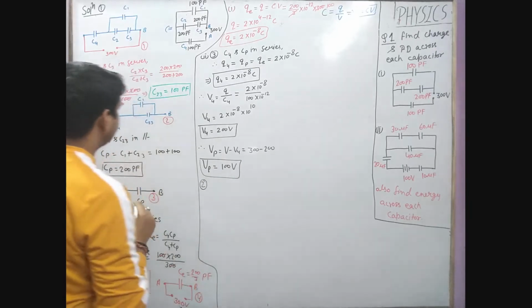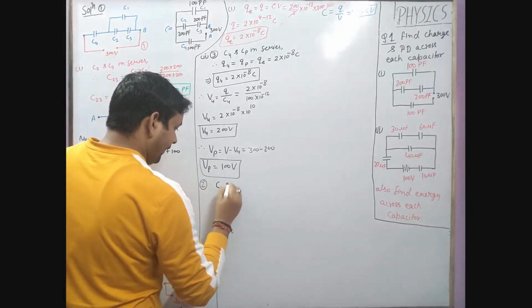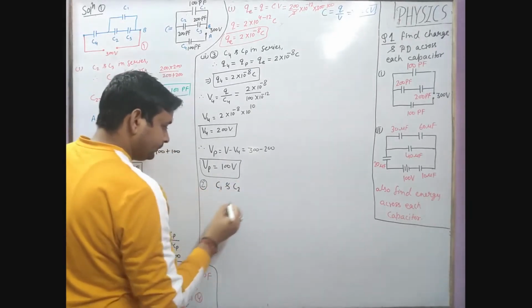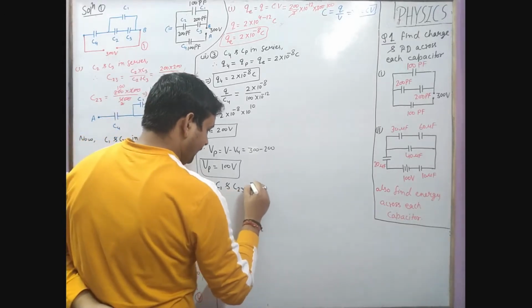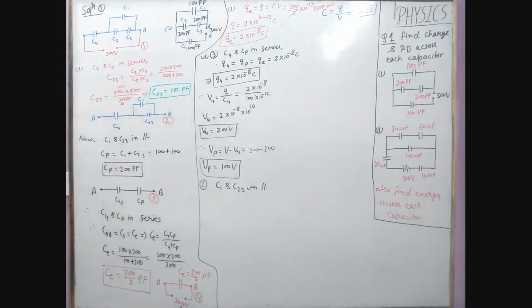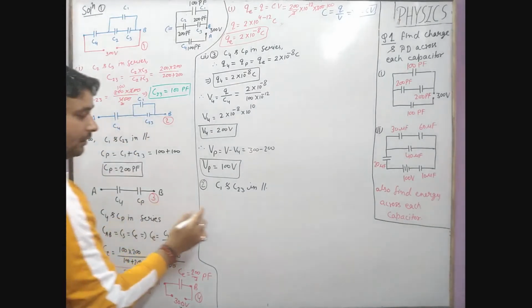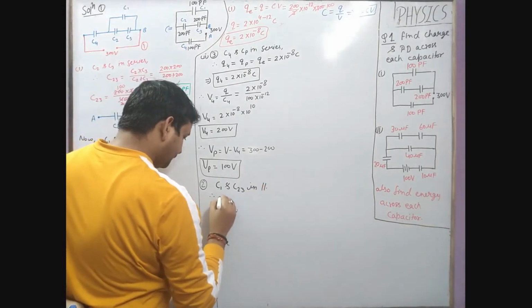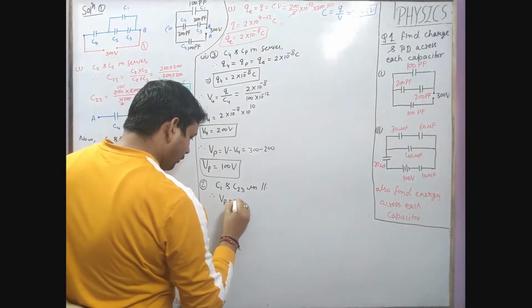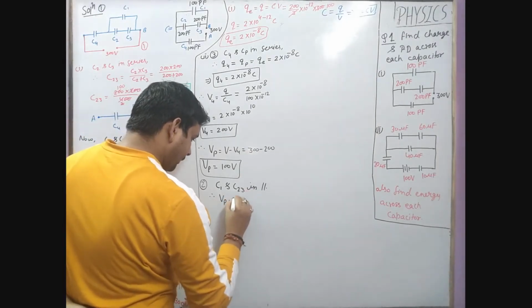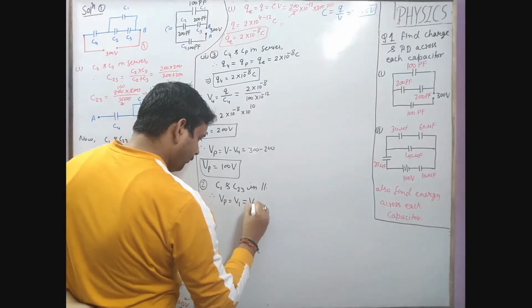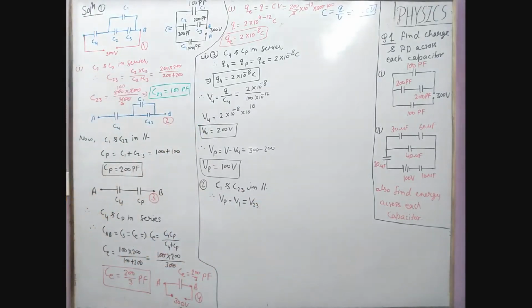In the second, C1 and C23 are in parallel combination, and this circuit we are discussing is equivalent to Cp. Therefore Vp equal to V1 equal to V23, because in parallel combination the voltage across is the same.